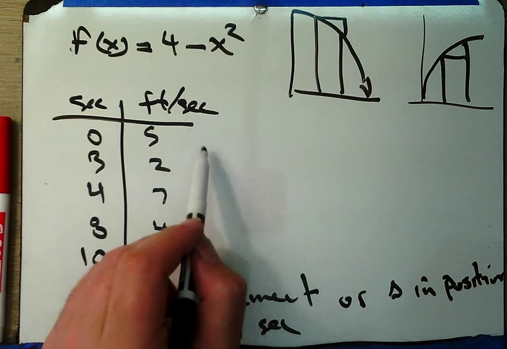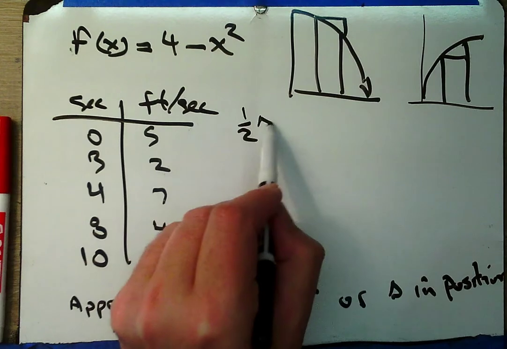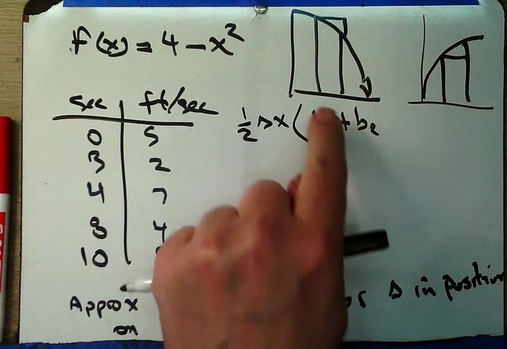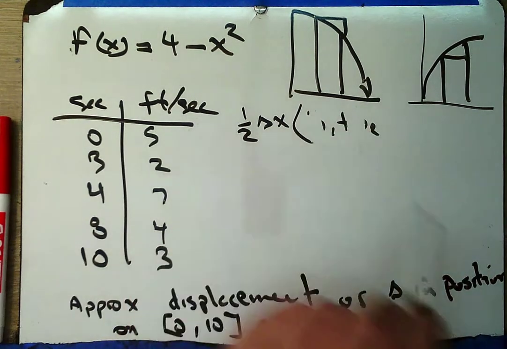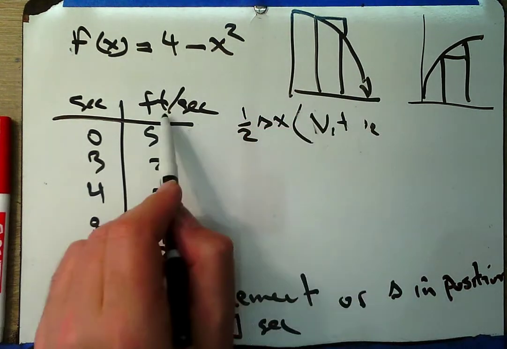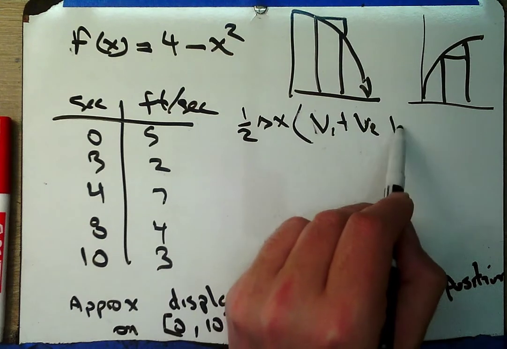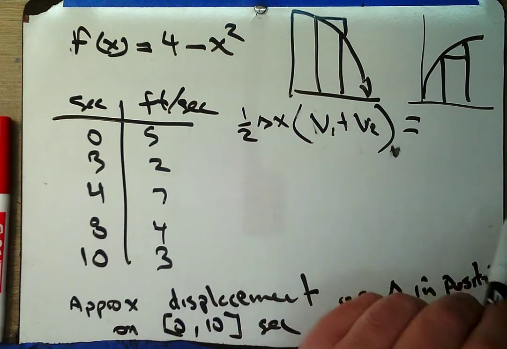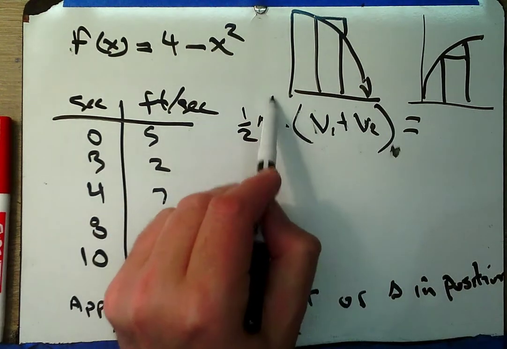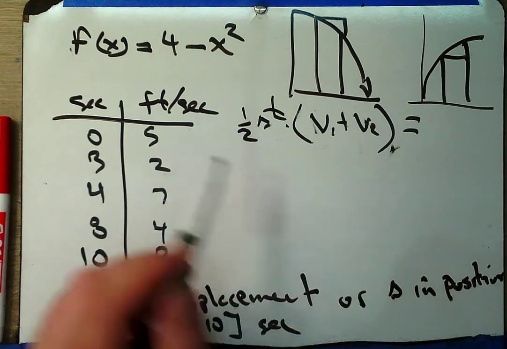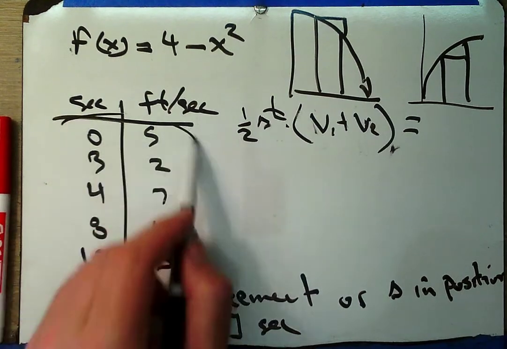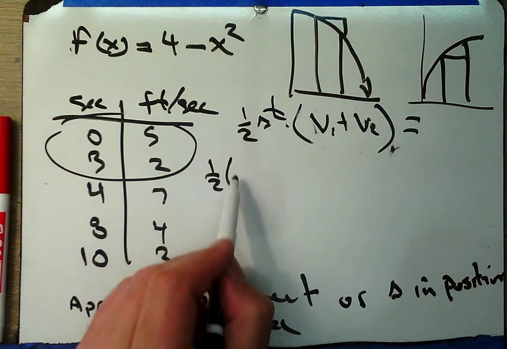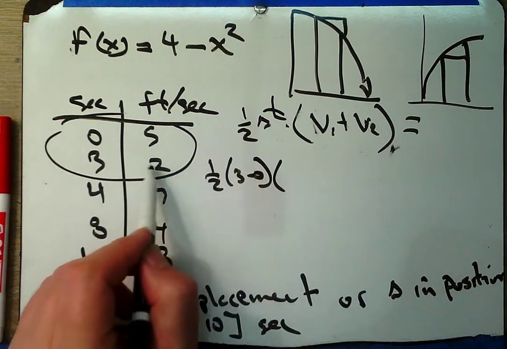Okay, welcome back. So remember the formula for the area of a trapezoid. And since we're talking about velocities, v sub 1 plus v sub 2. That's our area; well, I guess these are times. There we go. So what am I going to have? My first trapezoid is going to have a subinterval width of 3: 1/2, 3 minus 0, base 1 plus base 2.